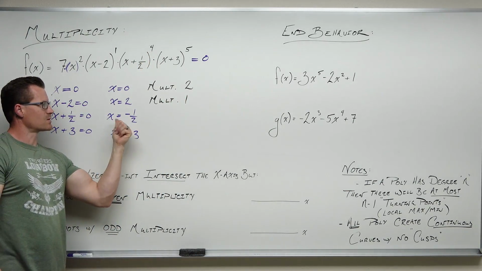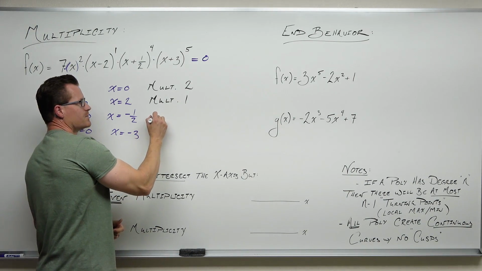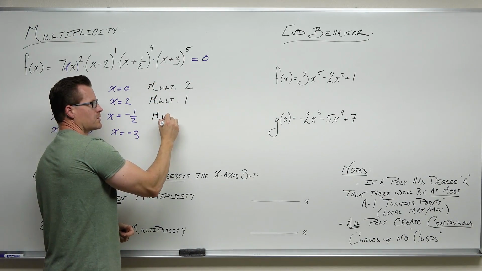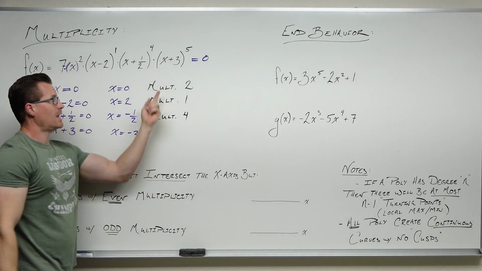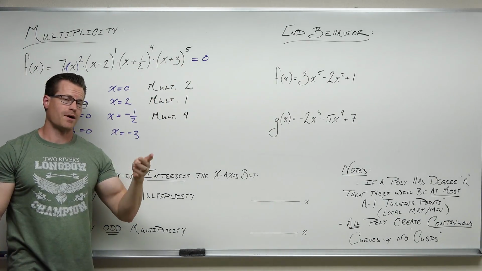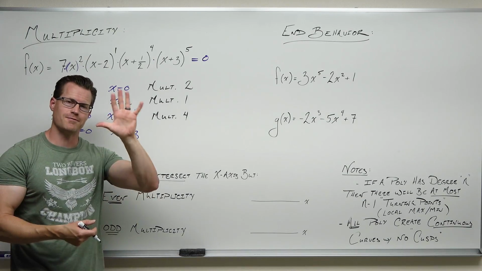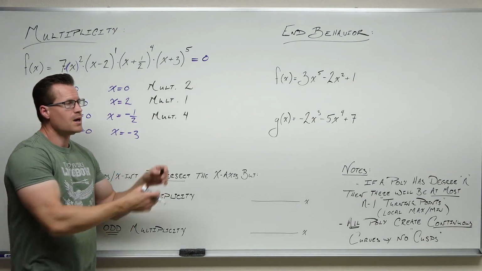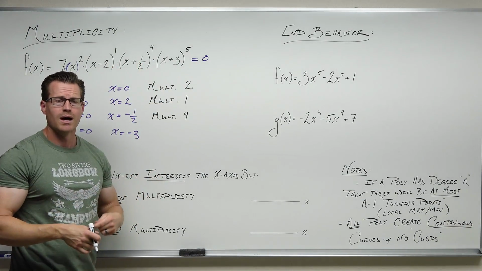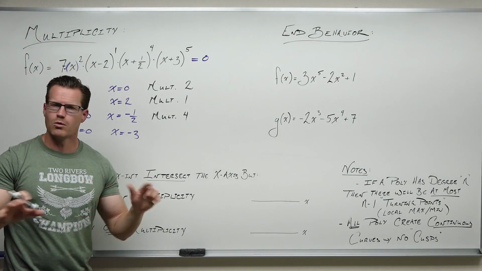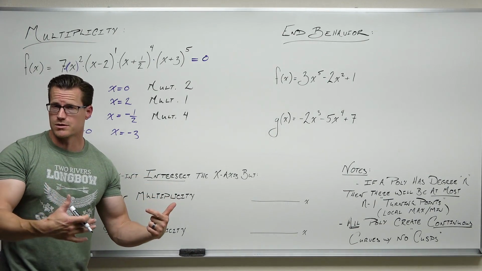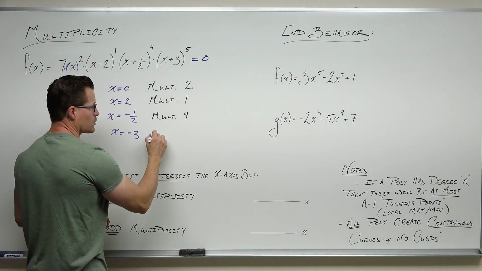What that means is that this x equals -1/2 has been repeated 4 times. That's a multiplicity 4. And lastly, x plus 3 has a power of 5. That means this x-intercept is repeated 5 times. You get 5 of them. If you wrote all that out and set them equal to 0, you get the same 0 5 times. That's all multiplicity means. How we use it is very powerful, but that's all that it means. This is multiplicity 5.